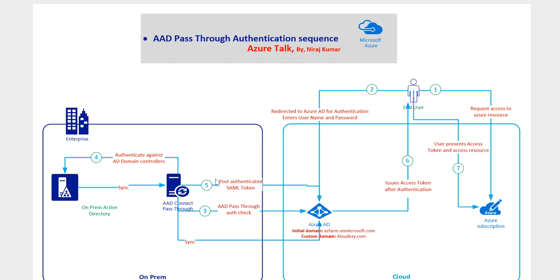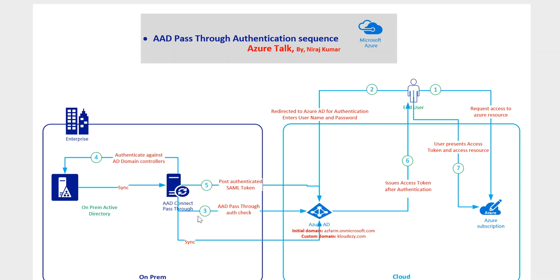So now Azure AD receives that, and says, hey, I see that this user is a valid user, go ahead and issue him or her a token. So after that authentication is over, Azure AD will issue an access token to the end user. Basically Azure AD is trusting the AAD Connect pass-through component for the authentication request.